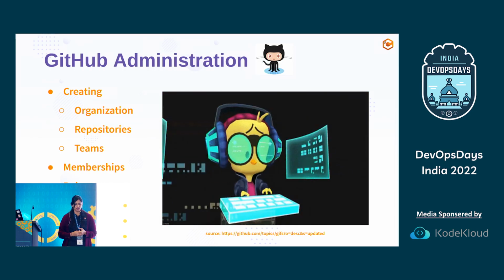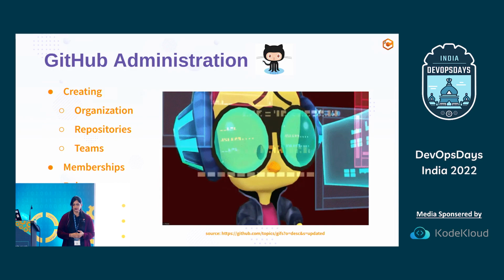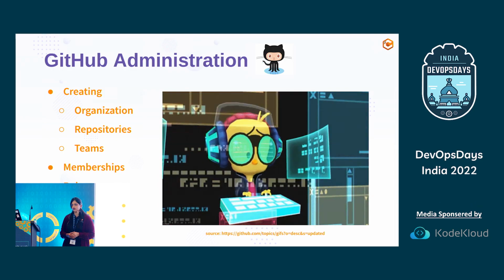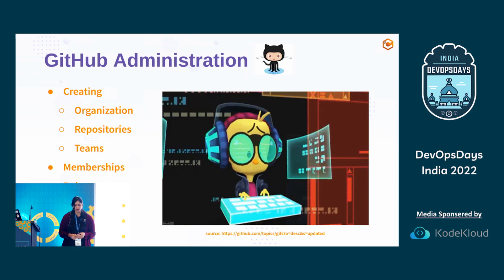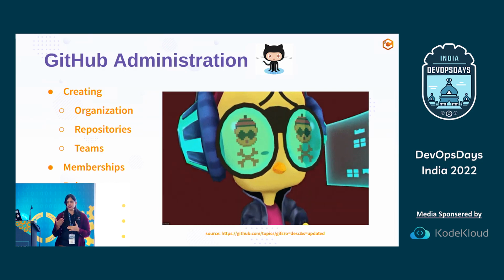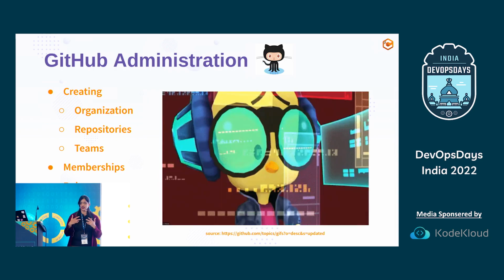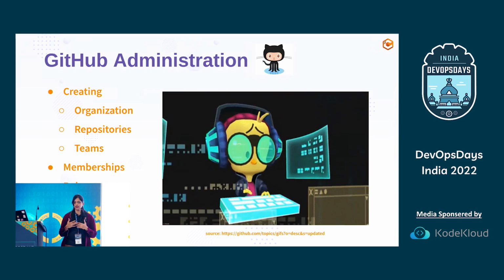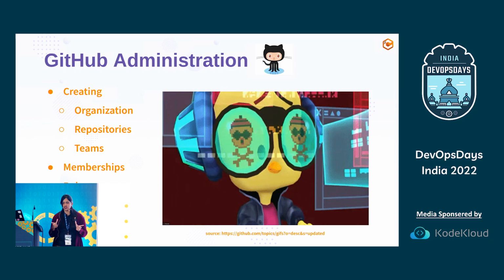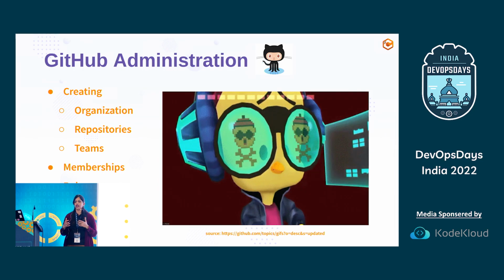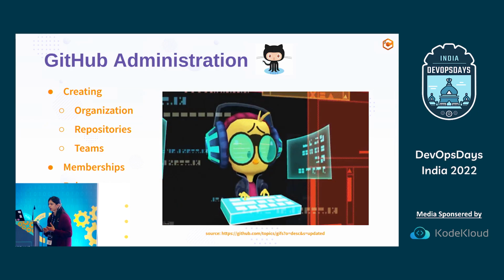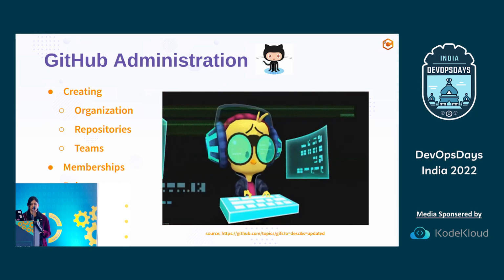Moving forward, I would talk more about GitHub administration. GitHub administration is a huge task in any organization. So in an organization, first is creating an organization under GitHub. It is nothing but a shared space which helps developers to collaborate across many projects at once.